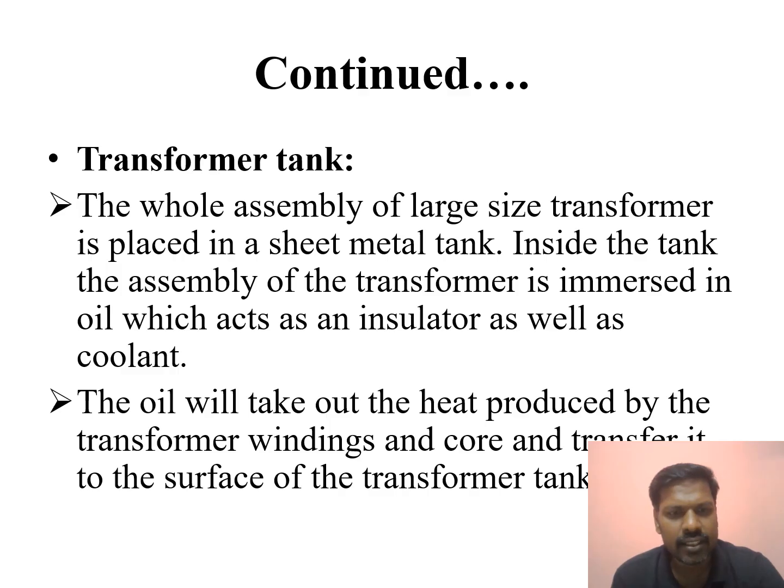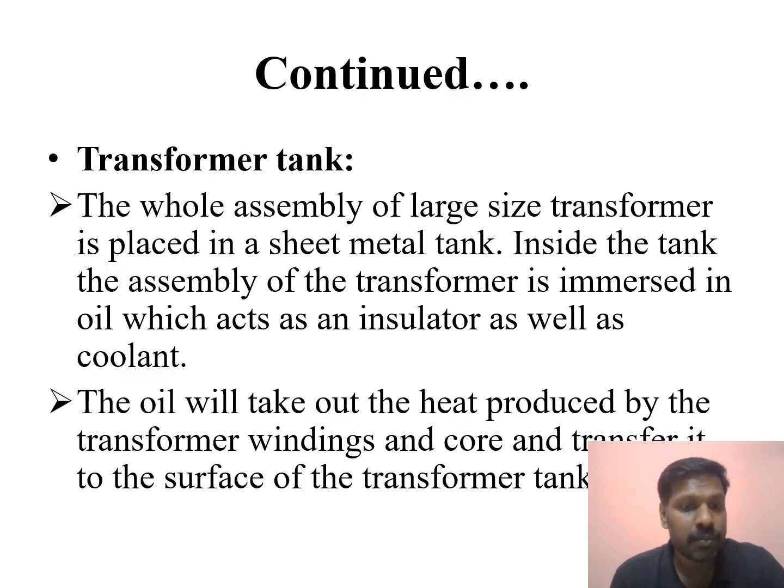Different cross-sections of core limbs are used to optimize performance and reduce size, as shown in typical transformer limb diagrams. The shape of the cross-section helps in better space utilization for winding and lower losses.